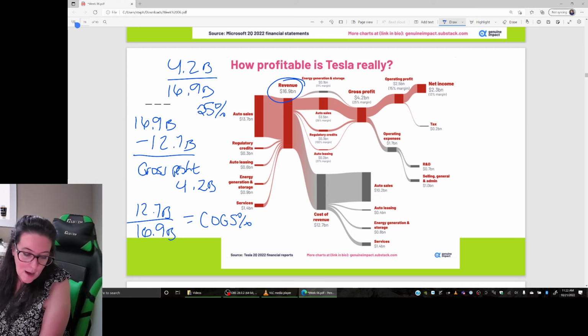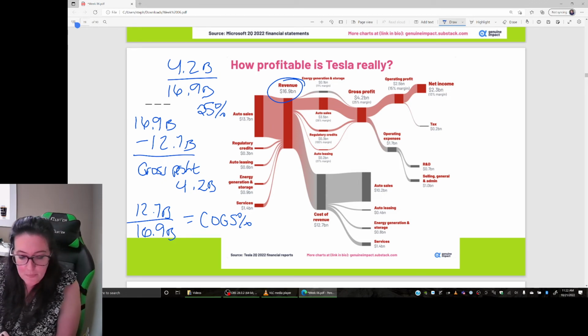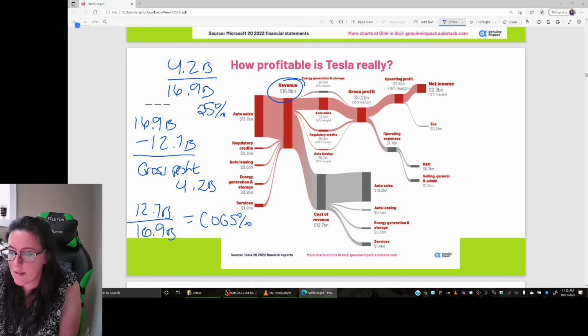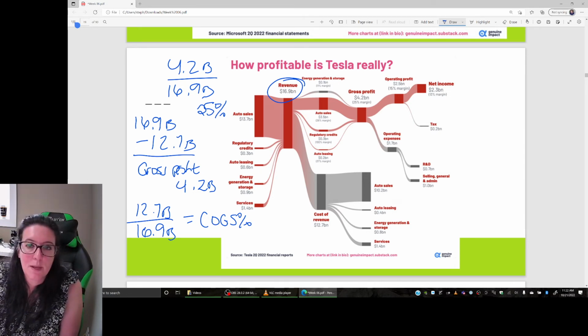So you can see for Tesla, they have a gross margin of 25% compared to Apple at 36%. And we had Amazon at 43%. Okay. And Microsoft sitting at 44%. So you can see in terms of Tesla's gross margin, it is lower than the other three. Of course, because gross margin is based on gross profit, and gross profit is revenue minus cost of revenue, anything that makes goods is going to have a much higher cost per unit.